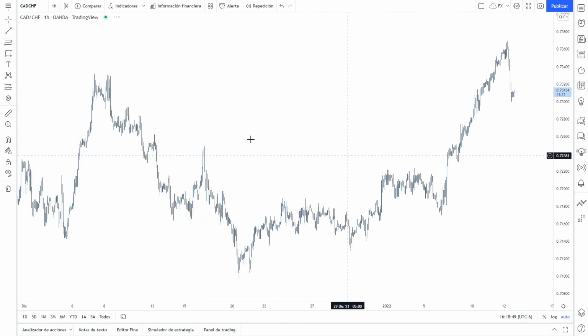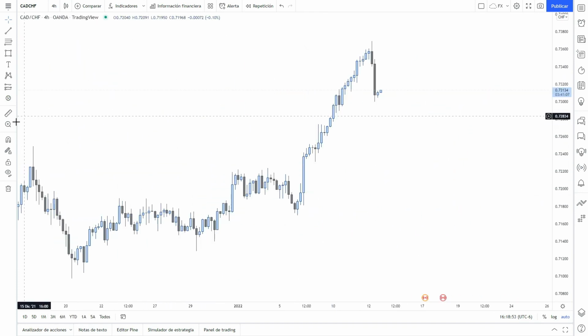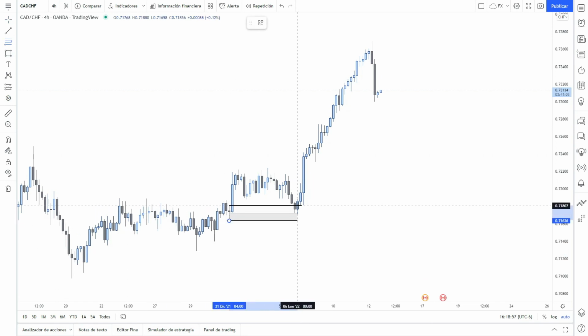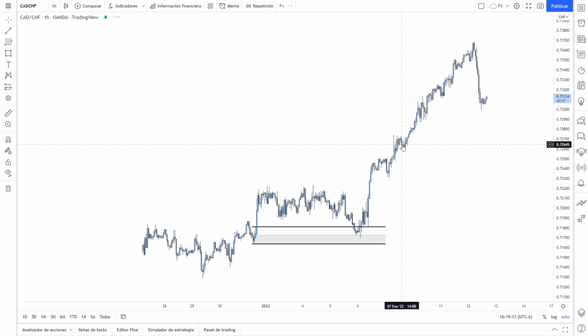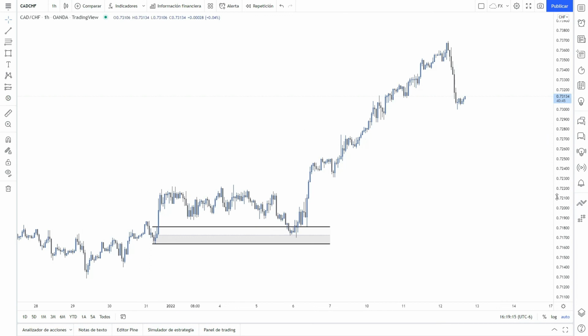Last week, I was trying to buy at this demand level, because we were in an uptrend and everything was doing good for a buy. I mean, the buy position was very obvious, but we also see this.